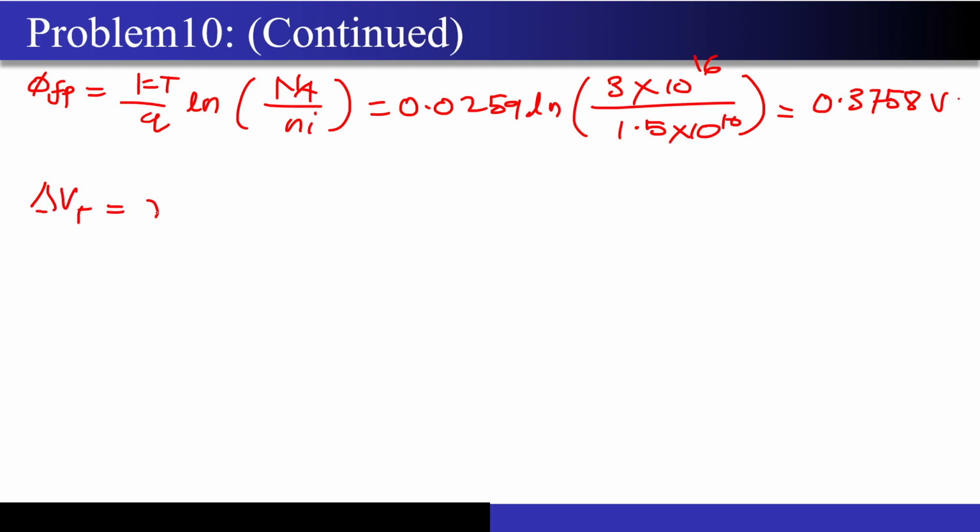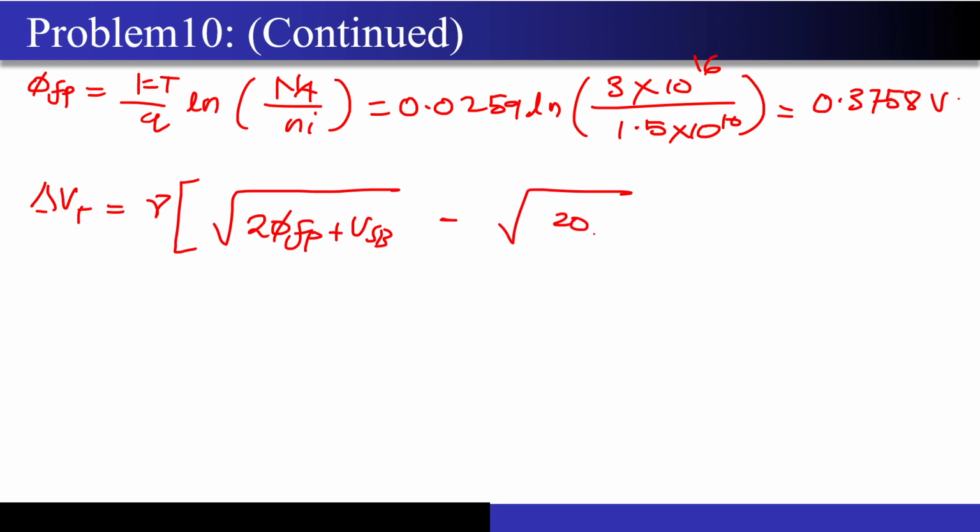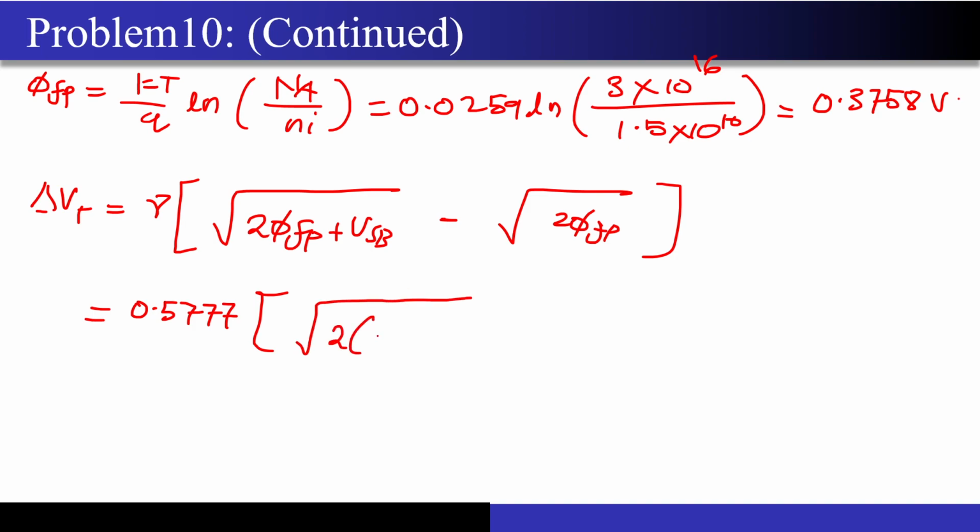Now we have everything that we require to calculate the value of delta Vt. So this delta Vt is gamma times root of 2 phi fp plus VSB, minus root of 2 phi fp. Gamma we had already calculated, 0.5777. Root of 2 phi fp, 2 into the phi fp value we know, 0.3758. What is the value of VSB?